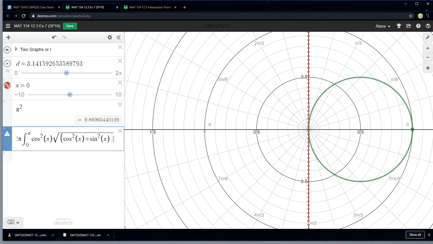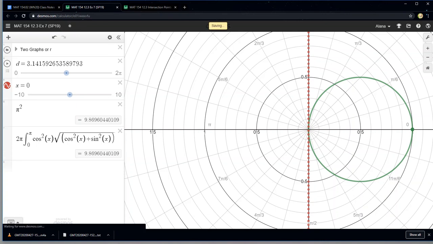Then I close that parentheses, and dx. Ta-da! It's pi squared. It worked out. So I can verify with my Desmos that the integral I originally set up is equal to, in fact, the answer that I came up with, which is always nice.